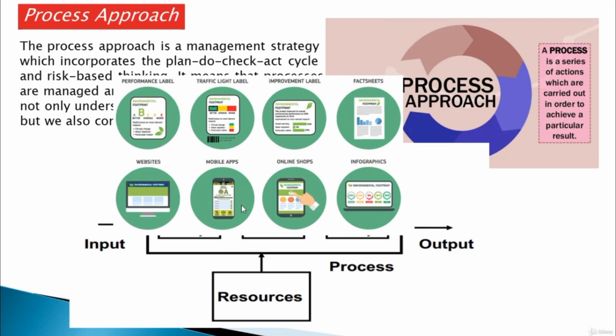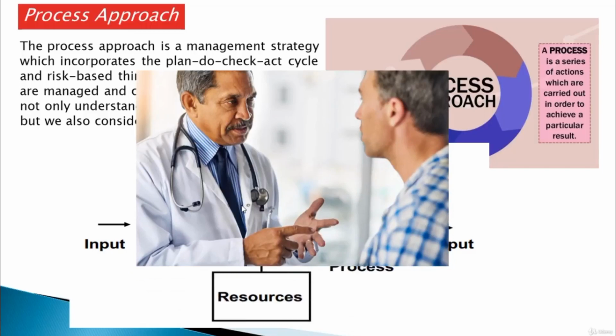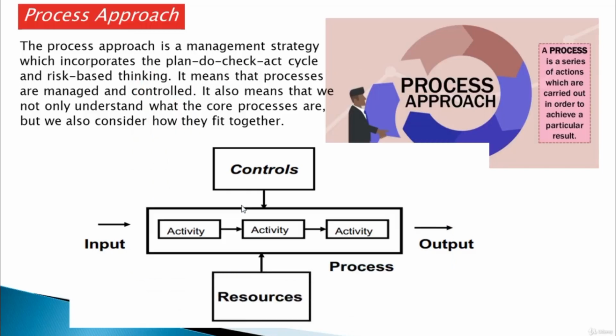Virtual could be like information and data, or like a doctor's advice, for example. Now, as I said, a process is any activity that turns input element into output element, of course based on your resources, and resources could be the employees or materials or the cash in your organization. Now we know what a process is.